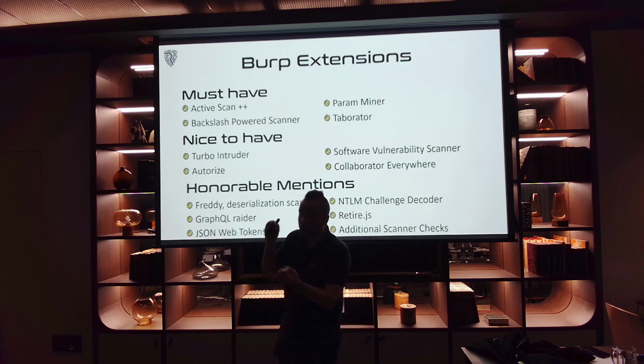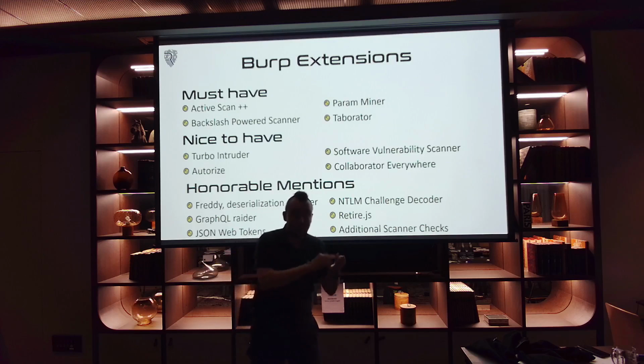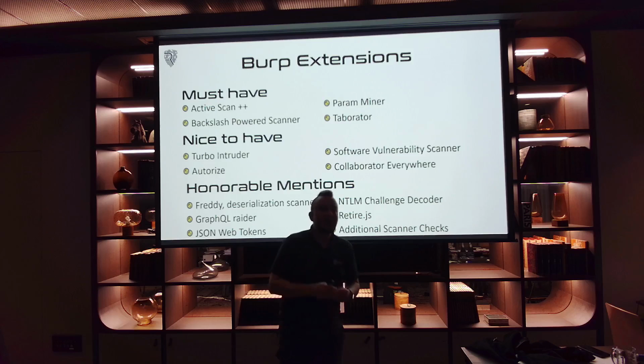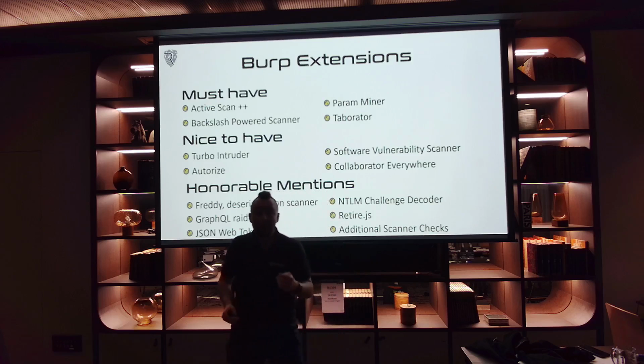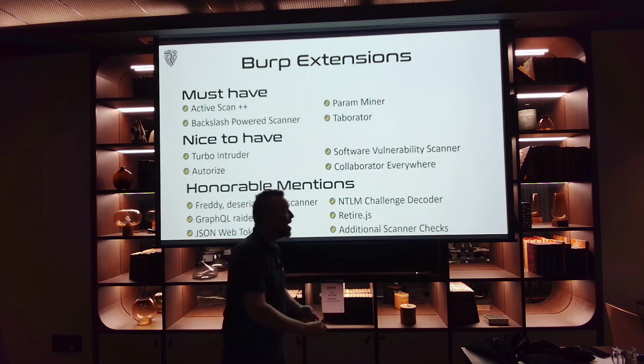Backslash Powered Scanner looks for transformations of data. It will basically try to automate finding anomalies and discrepancies for you. As such, creating more false positives, but really, if you have the skills necessary to do web application pen testing, you should be able to conclude those false positives, and hopefully, many of those findings from Backslash Powered Scanner will lead you into interesting paths, potential vulnerabilities, potential questions for your customer, and more.